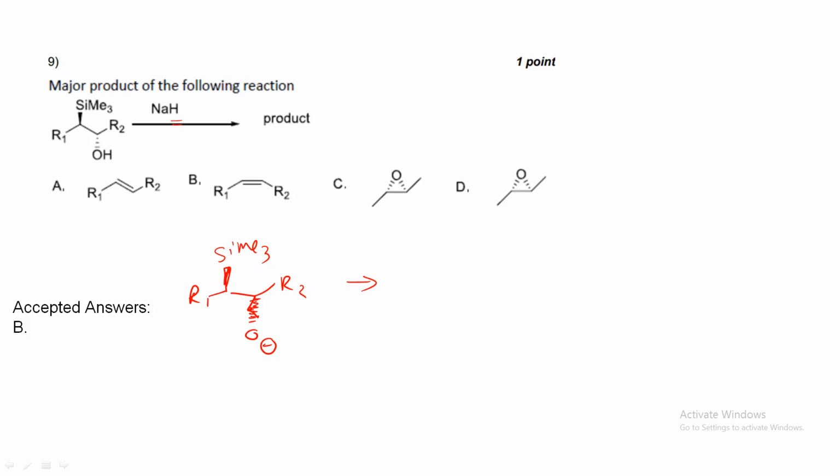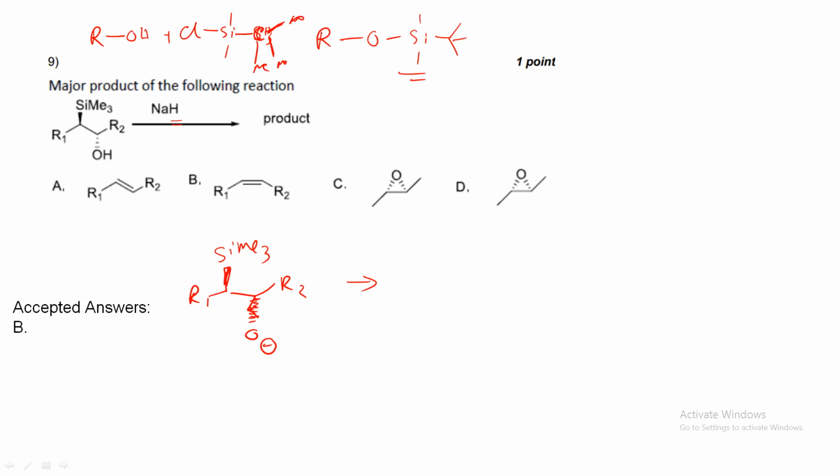So let's say OTBS, which we just faced in the previous question. It is just a protecting group, right? So how is it formed? From this kind of species, not CH3, but CMe3, methyl.